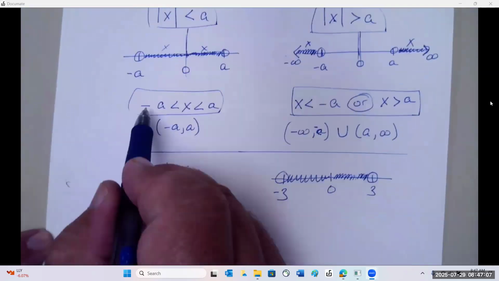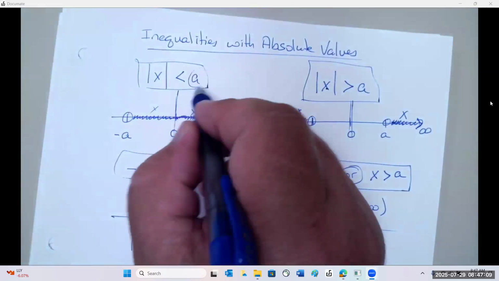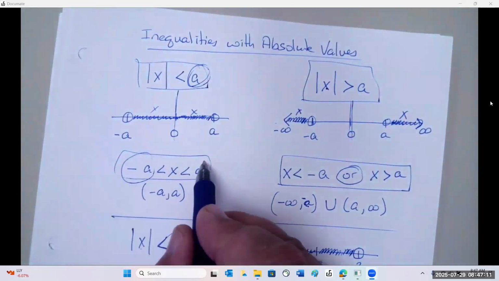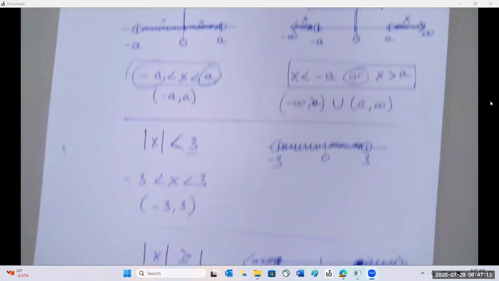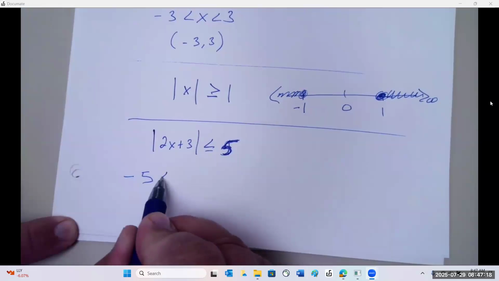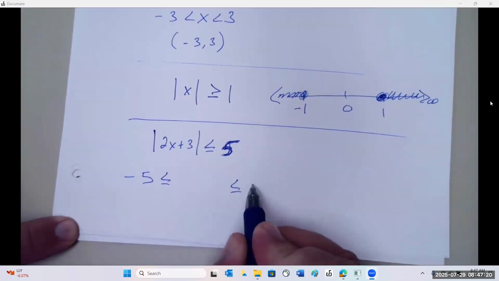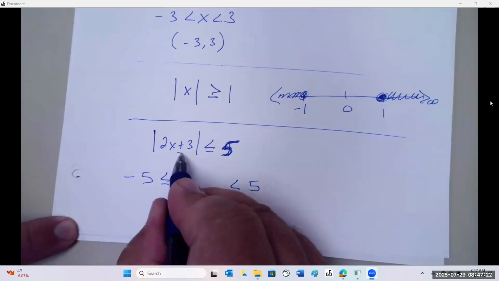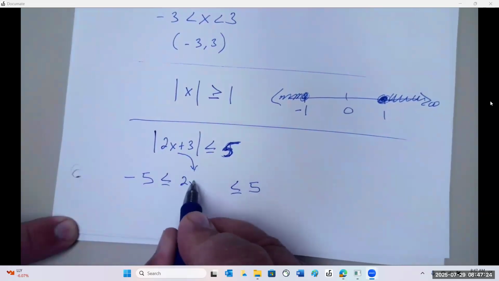It's A. So whatever's by itself over here goes here and here. So this 5 becomes a negative 5 and a positive 5. Whatever's in the absolute value goes inside there.